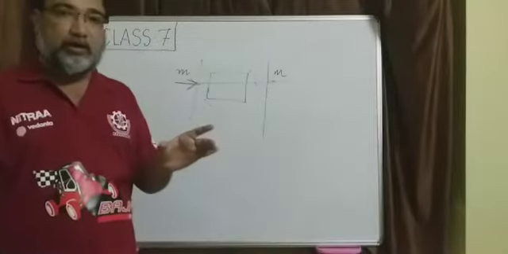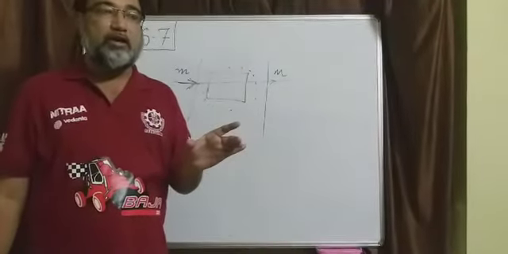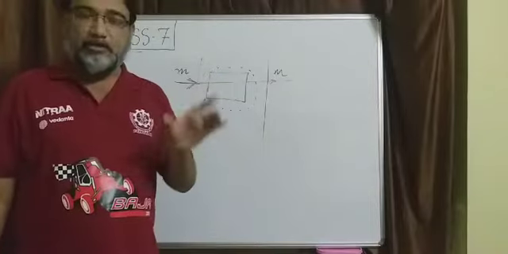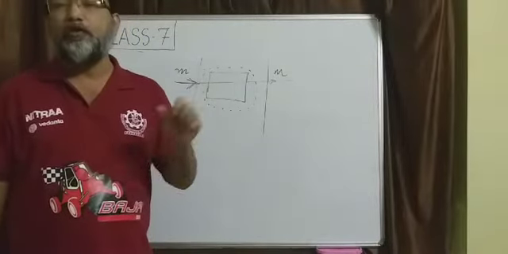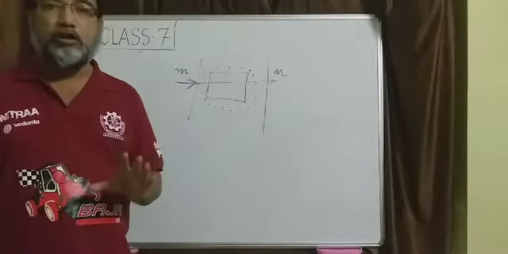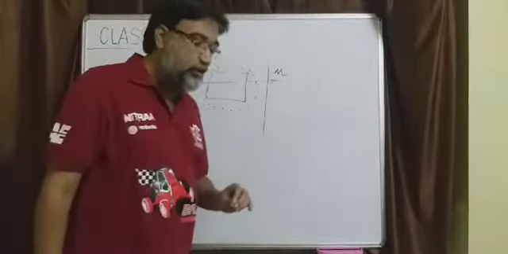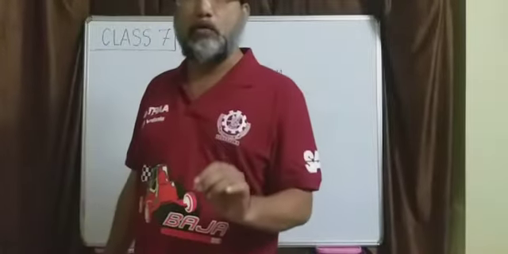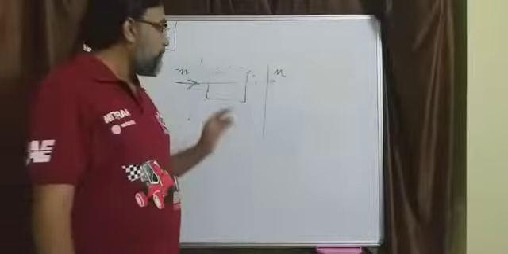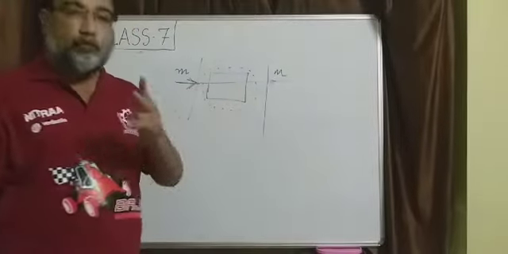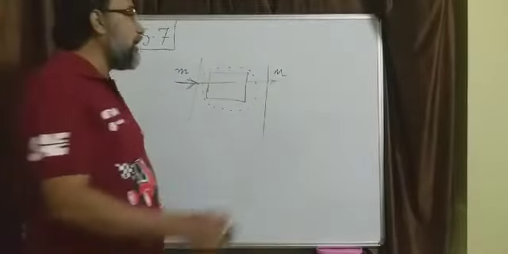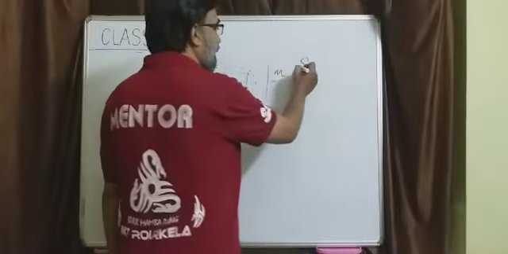So that expression where we are expressing the conservation of energy in terms of different energy terms will be called the energy equation, and that energy equation will be the first law of thermodynamics for a flow process. But then this flow can be of two types. Either the flow is steady.